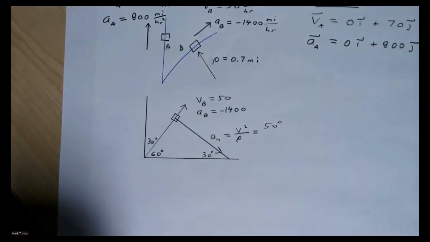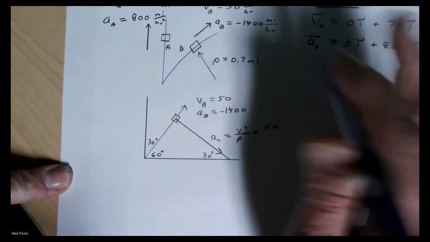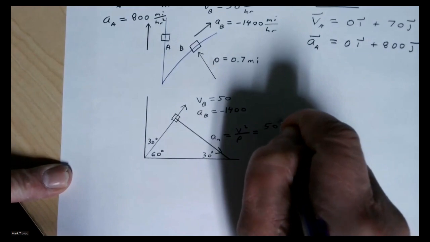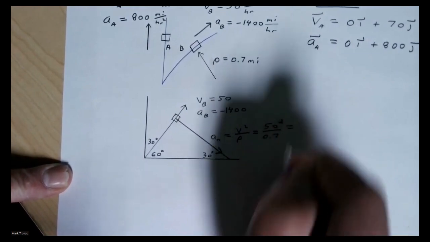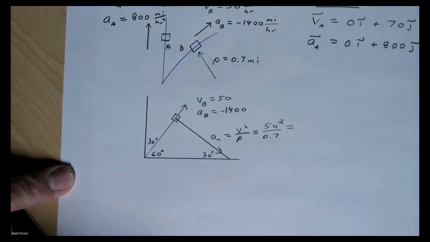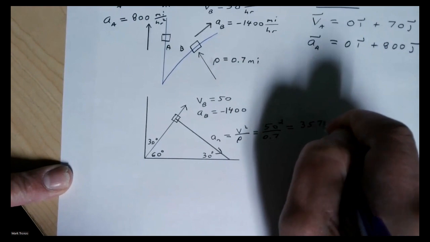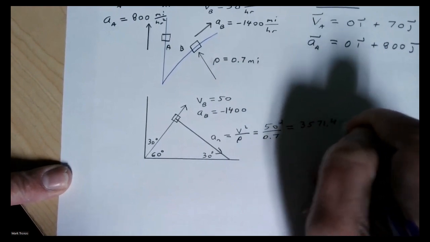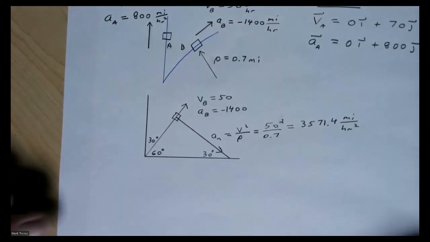Maybe this should be squared here. And when you put that in your calculator, you get 3571.4 miles per hour squared, like that.